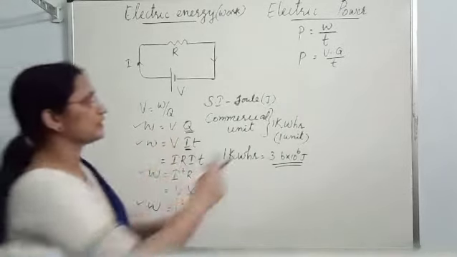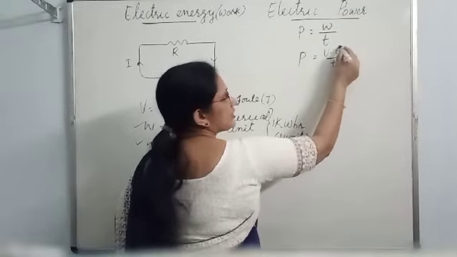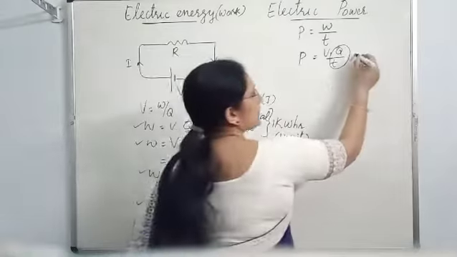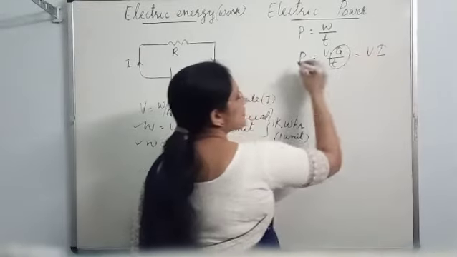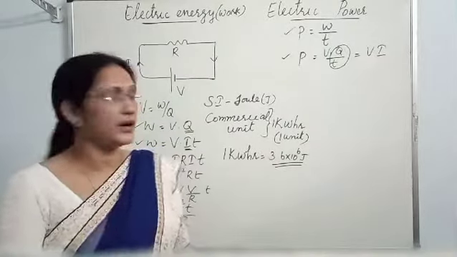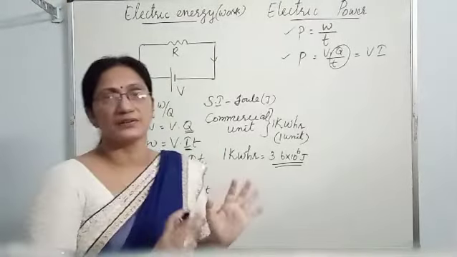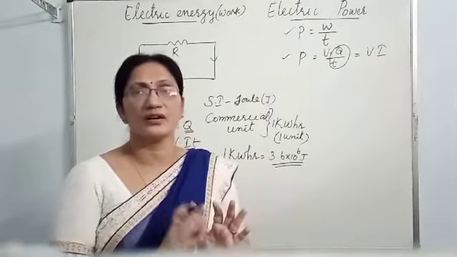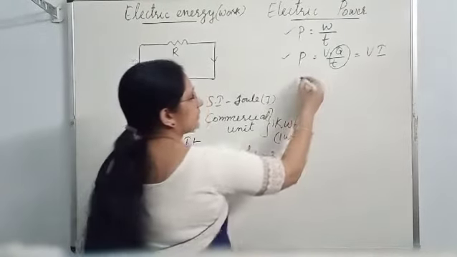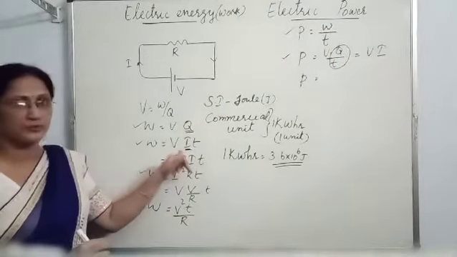W is equal to V into Q. Then you will get V into Q upon T. This Q by T is known as current, I. So it can be again simplified as V into I. So this is second formula for power, V into I. If you simply multiply V into I, you will get the power, electric power or electric work done in the circuit in unit time.